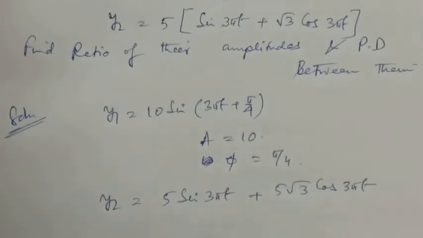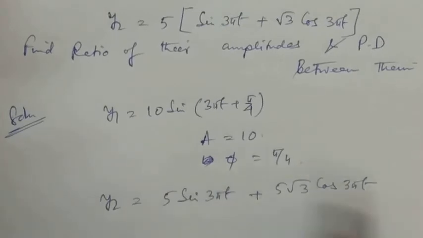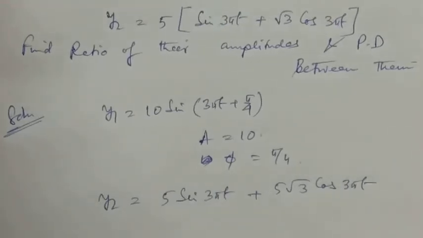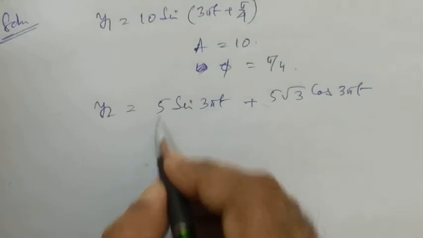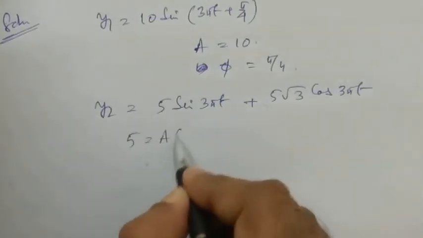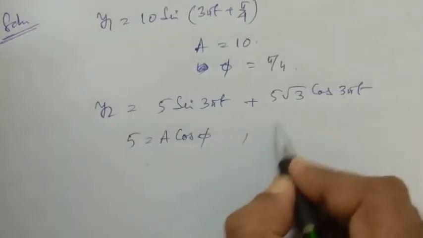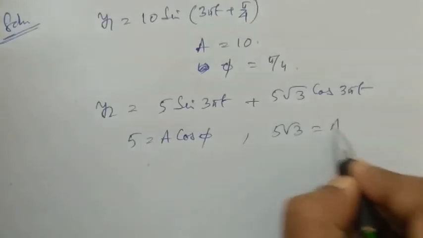So there are two simple harmonic motions here, so you have to do the calculation for amplitude in a different way. That means take this 5 to be equal to A cos phi. Take this 5 root 3 to be equal to A sine phi.